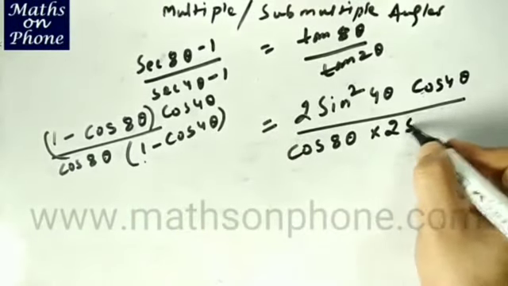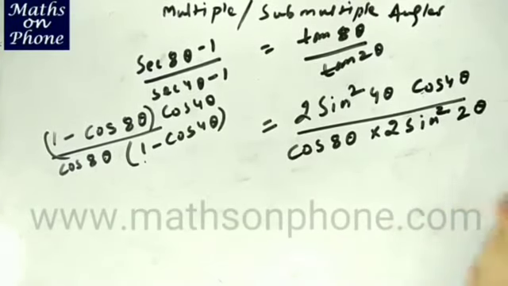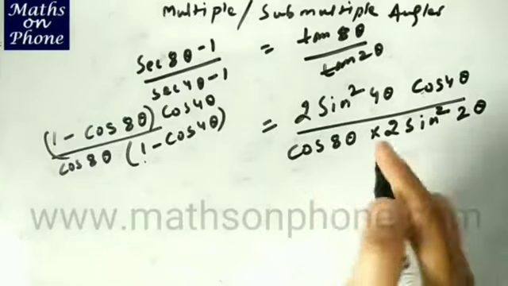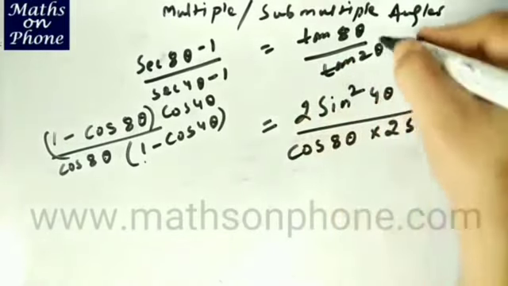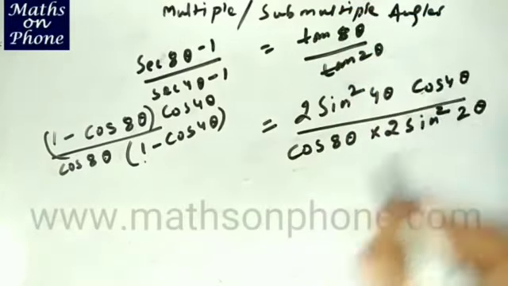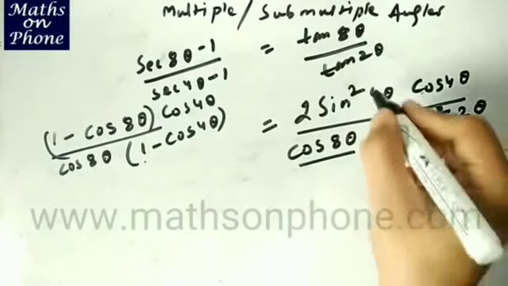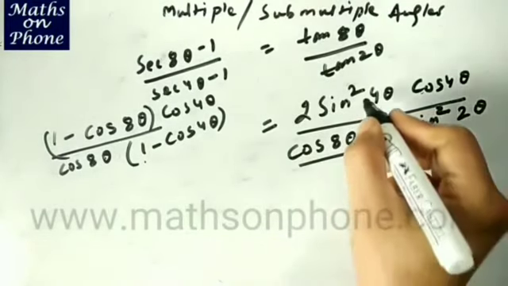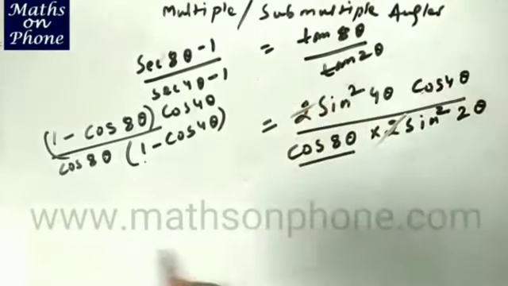This is again 2 sine square 4 theta by 2, which gives us 2 theta. Always see at what destination we need to reach. We have to get tan 8 theta and tan 2 theta. So 8 theta is important, cos 8 theta. Anyhow, we need sine 8 theta in the numerator. I'm just cancelling out this 2 and 2.